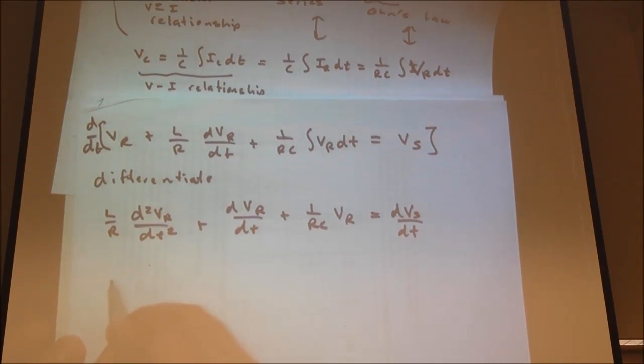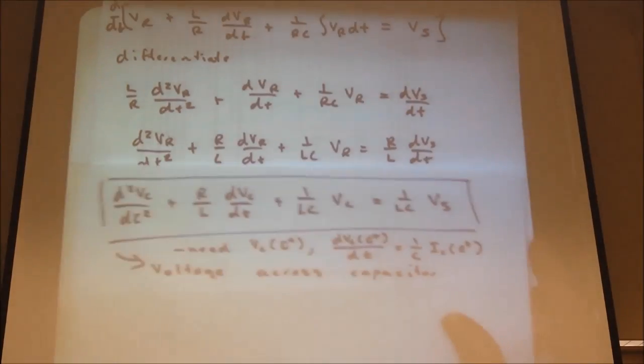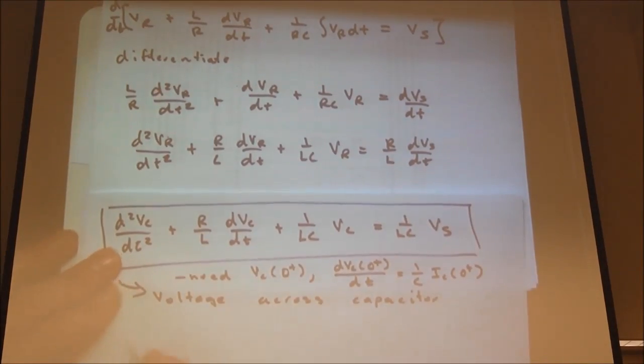Well, once again, we can do a little bit more rearranging. Rearranging is fun. R over L dVr by dt plus 1 over LC Vr equals R over L dV source by dt. And then I can go ahead and rewrite that on this page. I'll give myself a little bit more room.